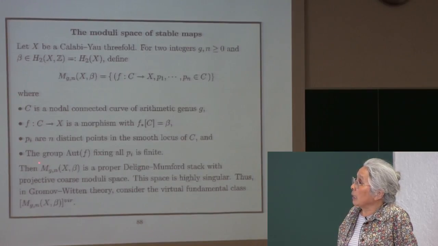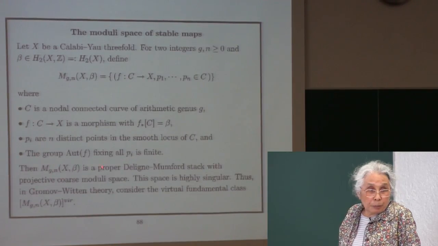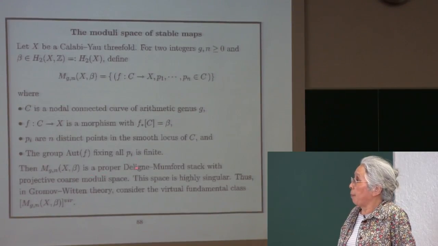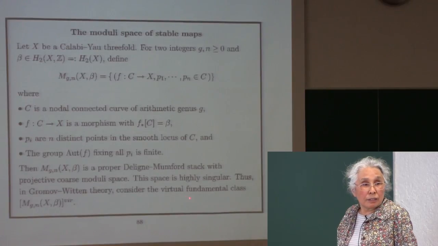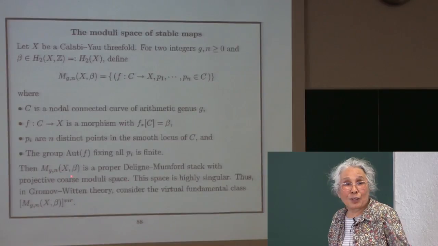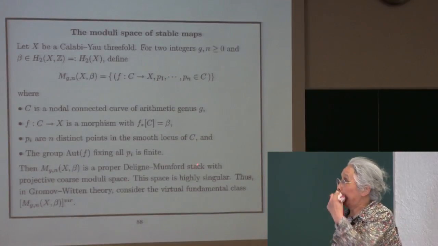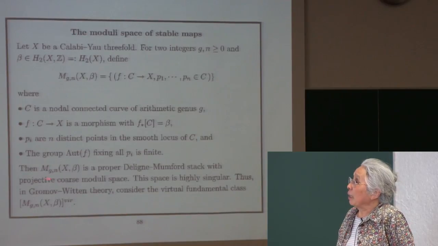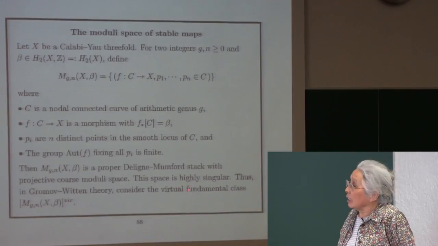Well, in some literature you put a bar here; I didn't do it. The bar denotes the compactification. So this is something called a proper Deligne-Mumford stack. These are stacky things. It's not even a scheme. It's an extremely singular space, having a coarse moduli space, and it's extremely singular.